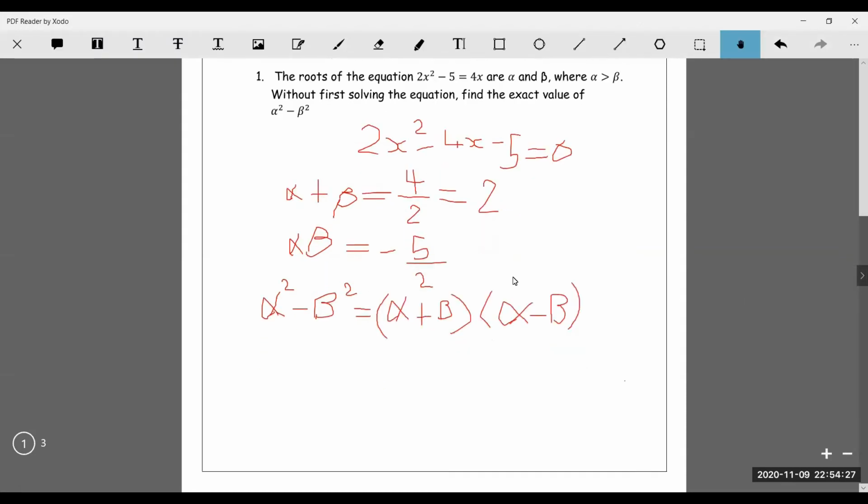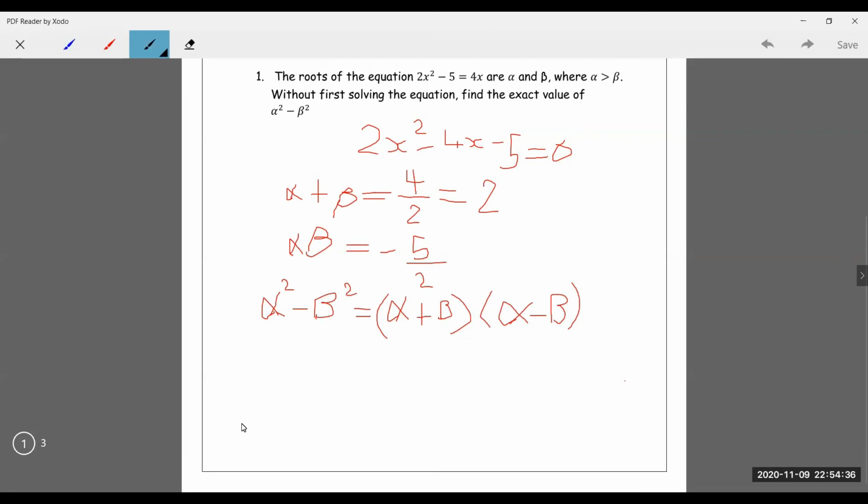Because if I were to expand alpha minus beta all squared, I'm going to do it somewhere down here. I'm going to do it in black right here.